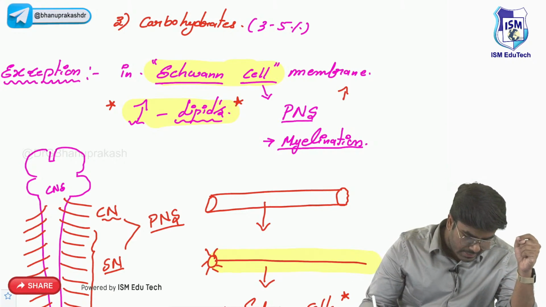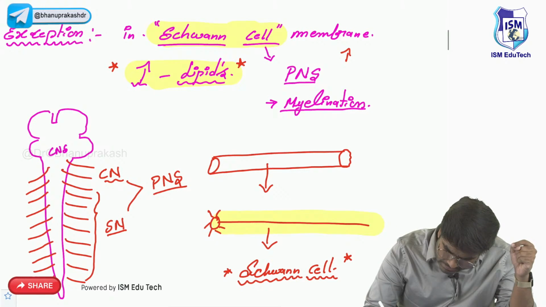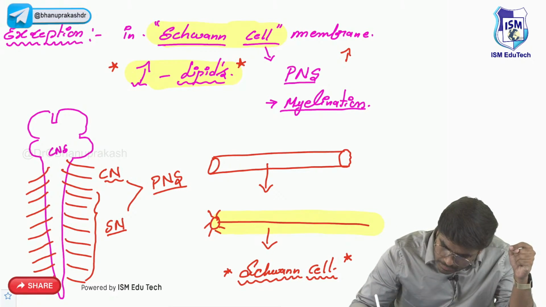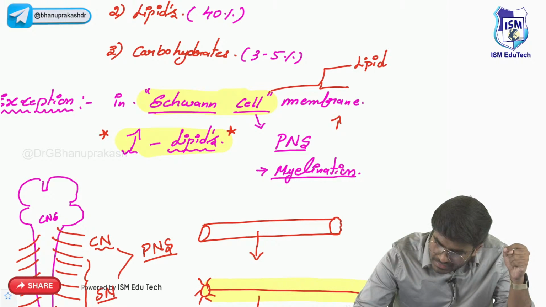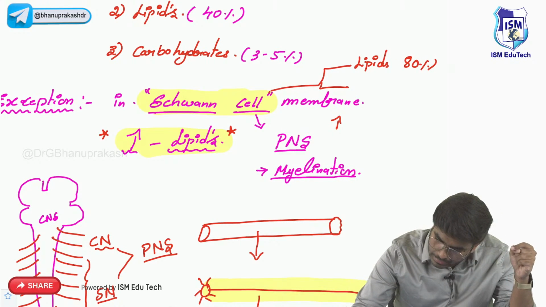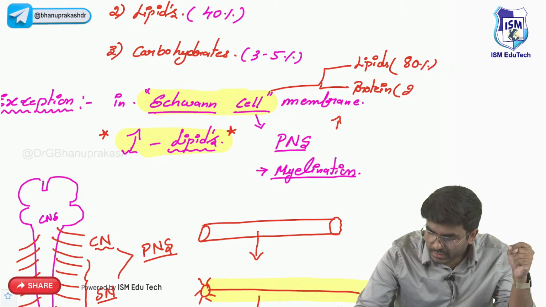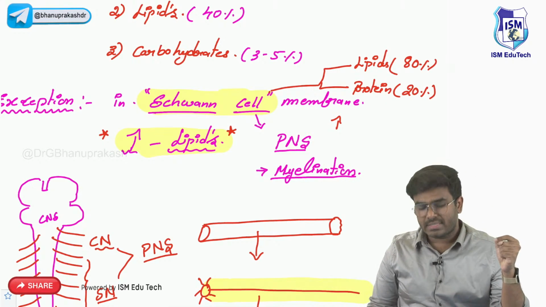Let me show you here: in the Schwann cell, lipids account for almost 80%, and proteins are only 20%. Okay, this is the exception.